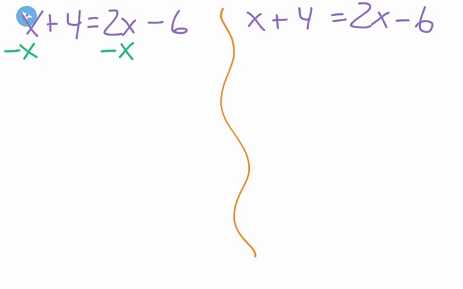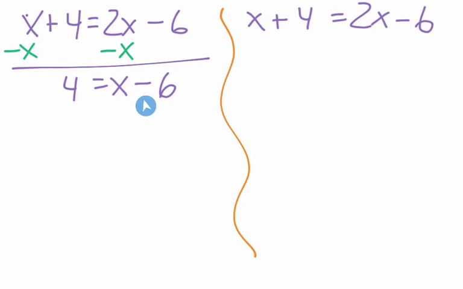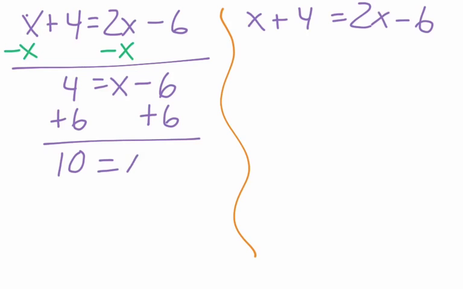So here we have x minus x, which is 0, leaving us with a 4. 2 x's take away 1x, or 2x minus x is 1x. And then we have the minus 6, and now we undo subtraction with addition. And so we will add 6 to both sides, and we get 10 is equal to x.